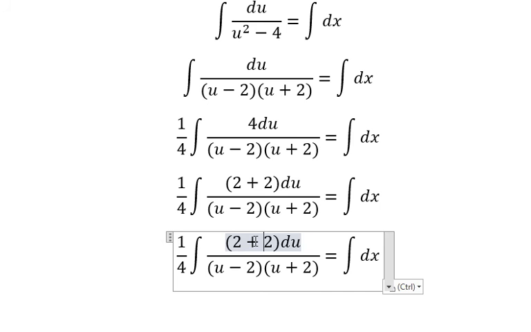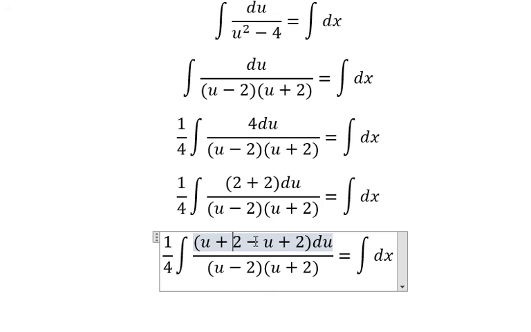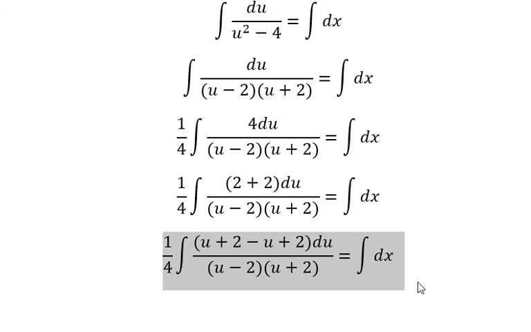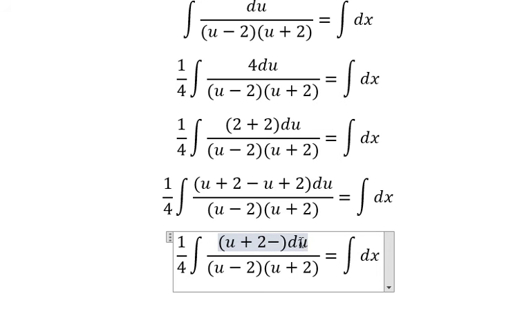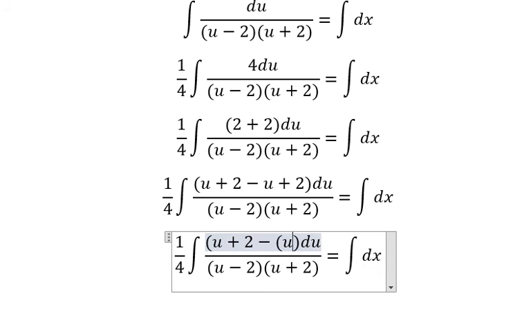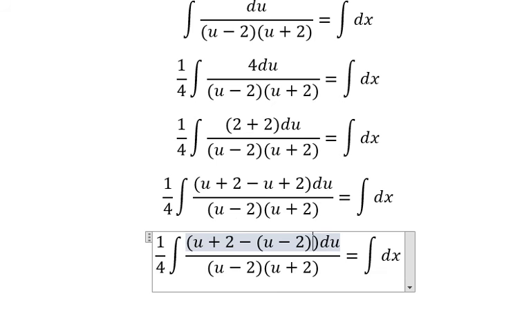Next, I will put negative u in here. That means we need to add u in here. So negative u plus 2, that's negative, open the parenthesis, and we have u minus 2.